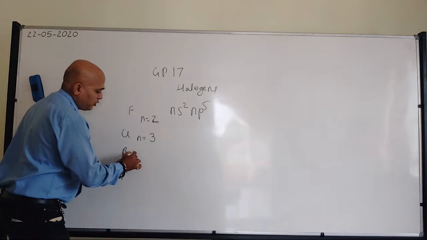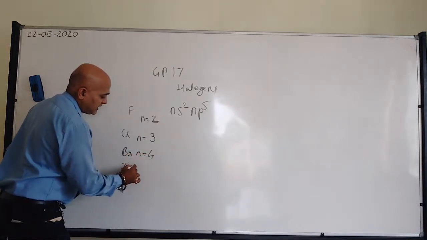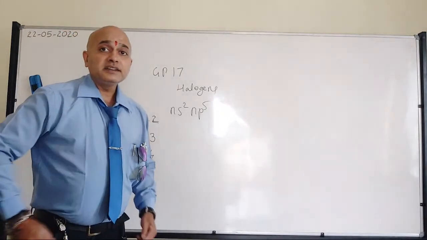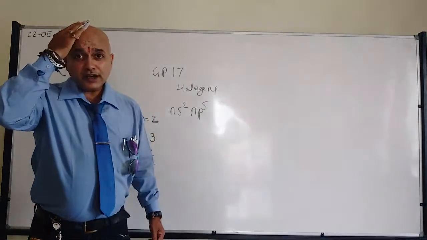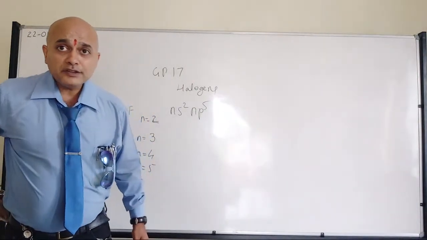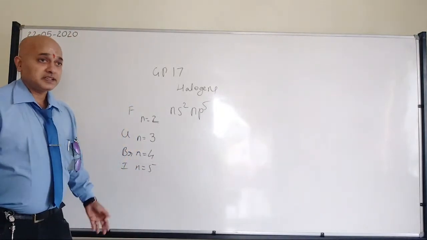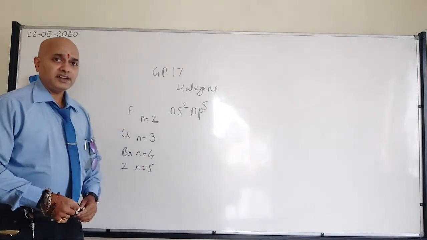If I take bromine, n will be equal to 4. If I take iodine, n will be equal to 5. Like that, the number goes on increasing because we are moving down the group. We are moving to the next energy level with respect to the next period. So that's where we have the general electronic configuration.